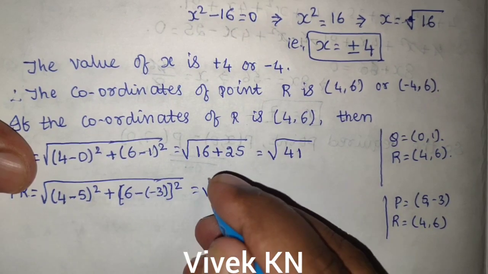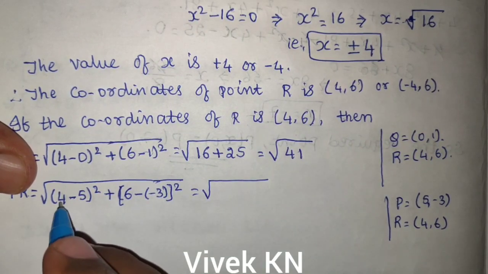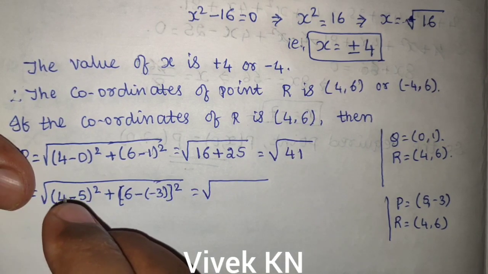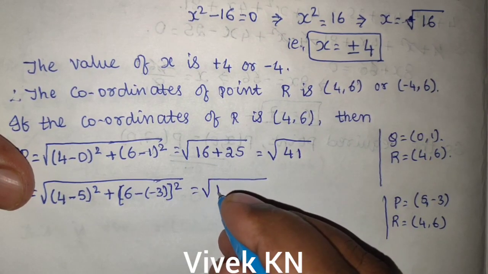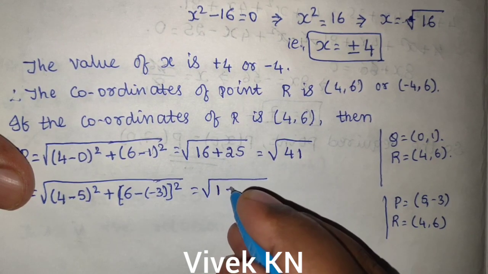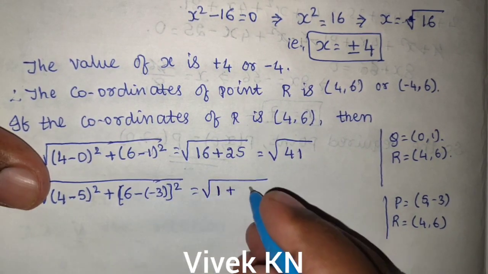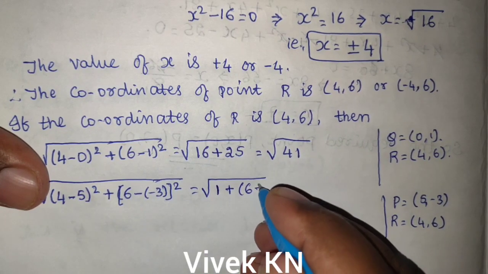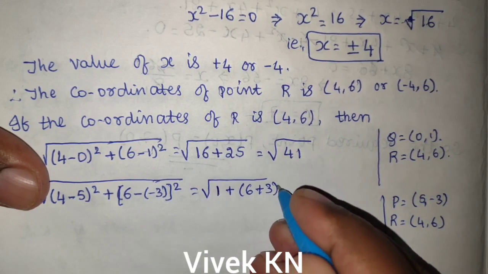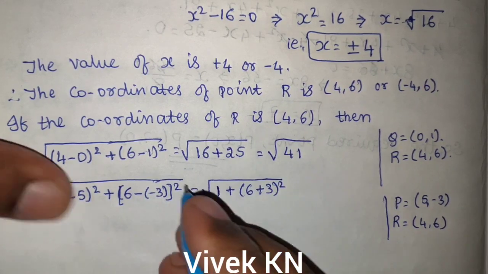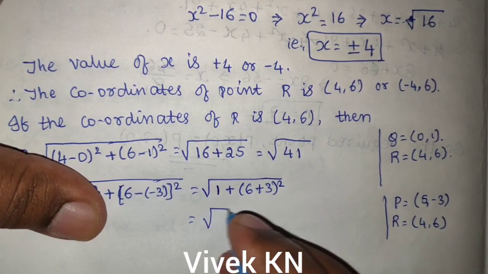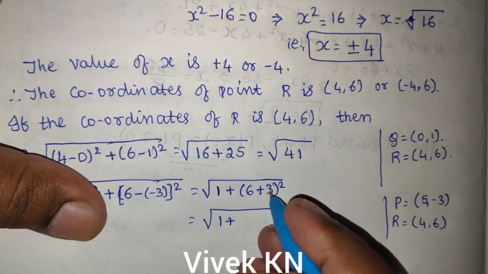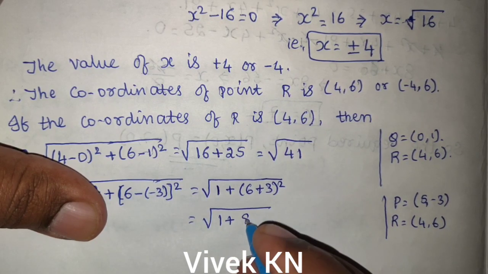which is equal to under root of minus 5 plus 4 is minus 1, minus 1 whole square is plus 1 only, plus 6 minus into minus plus 3 whole square, which is equal to under root of 1 plus 6 plus 3 is 9. 9 square is 81.